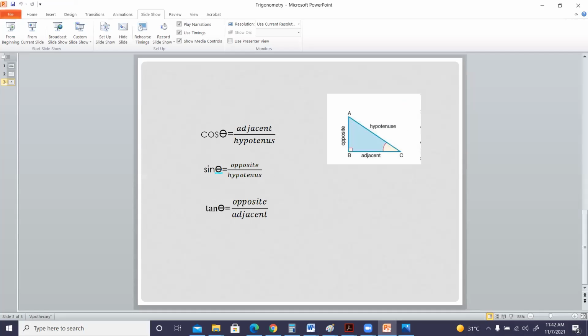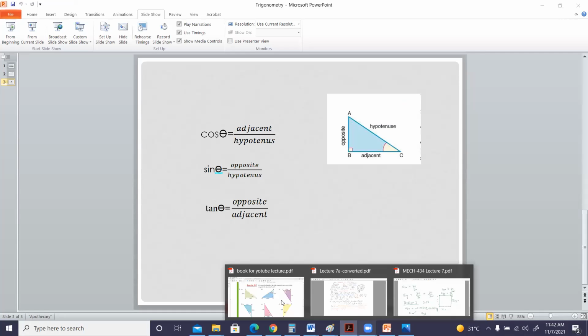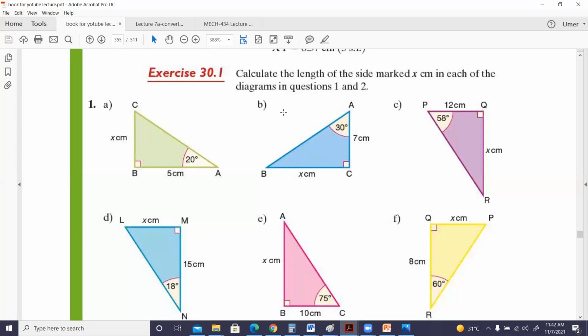So let's move to the questions now. Here I am using the book of IGCSE. You may use any book of your syllabus, because the question statement may vary, but the procedure of solving a question would be the same, and the formulas also remain the same.